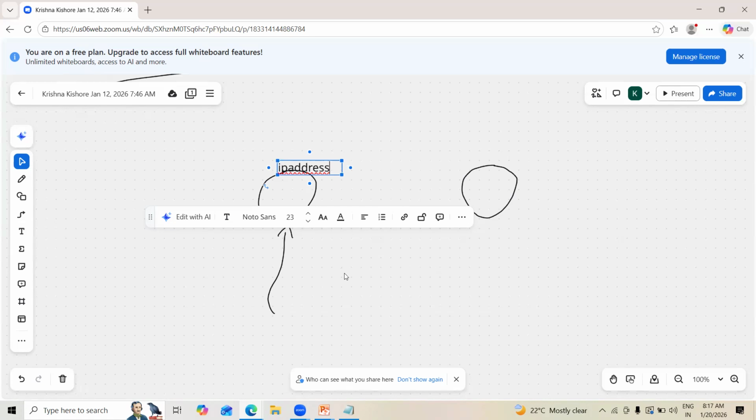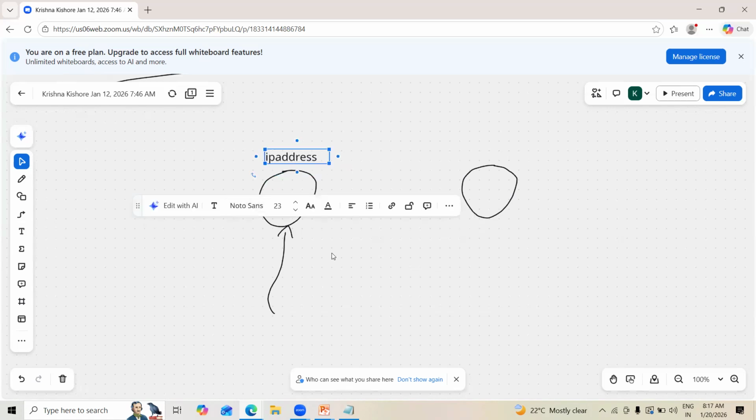What are the types of IPs we have, and how are we going to use them? We should understand the difference between the IPs first, and then we can go to the networking concept. What types of IPs do you know?